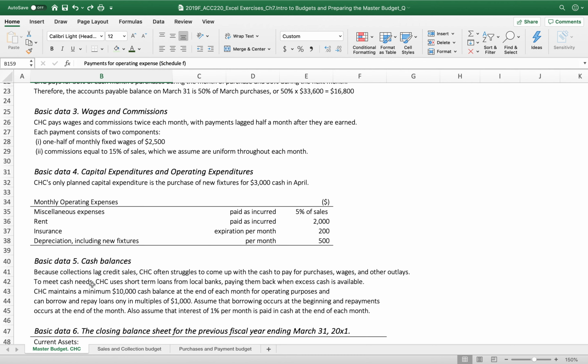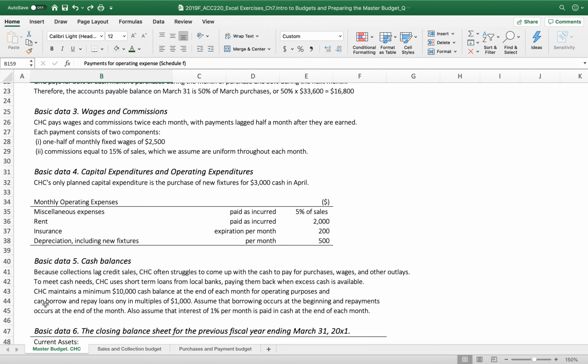To meet cash needs, CHC uses short-term loans from local banks, paying them back when excess cash is available. CHC maintains a minimum $10,000 cash balance at the end of each month for operating purposes and can borrow and repay loans only in multiples of $1,000.